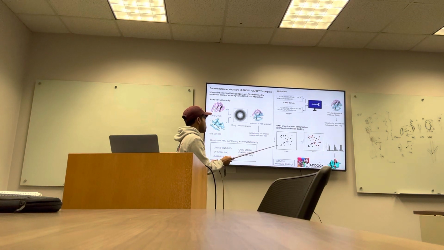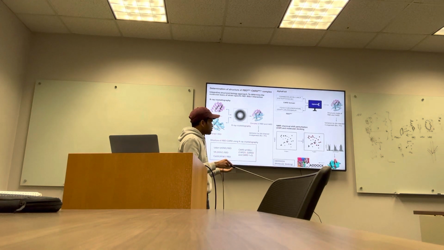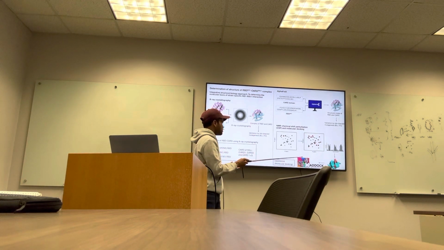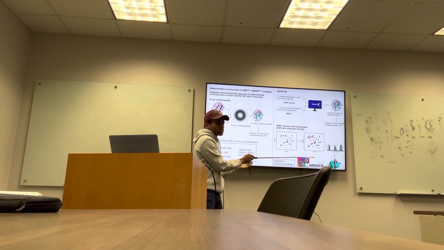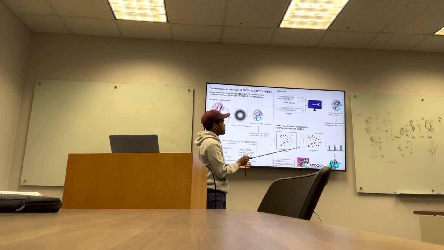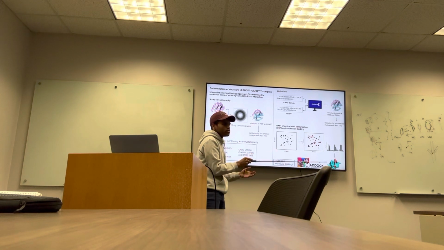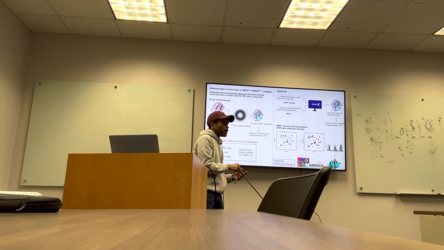We'll acquire a 2D HSQC spectrum of the RBD domain of NS1, and when we add the unlabeled CARD domain of RIG-I, if there is interaction, we should see perturbation in the chemical shift of certain residues which might be involved in the binding interface.